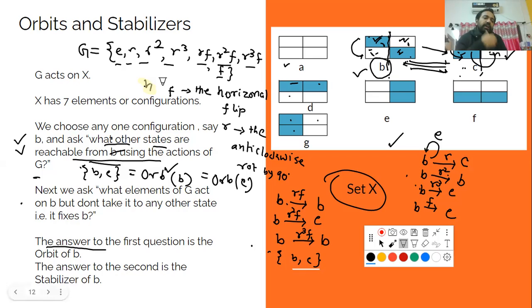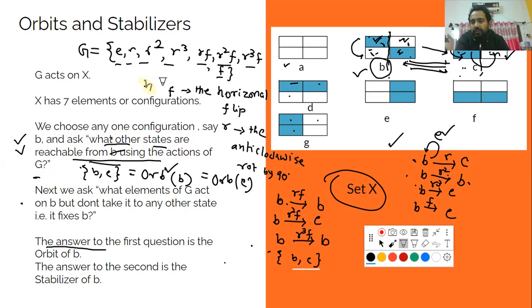Okay, the next question we ask is, what elements of G act on B but don't take it to any other state? That is, it fixes B. In other words, which elements of G do not take B to the only state other than B, which is C. So here we have to just find the actions which do lead to B itself.